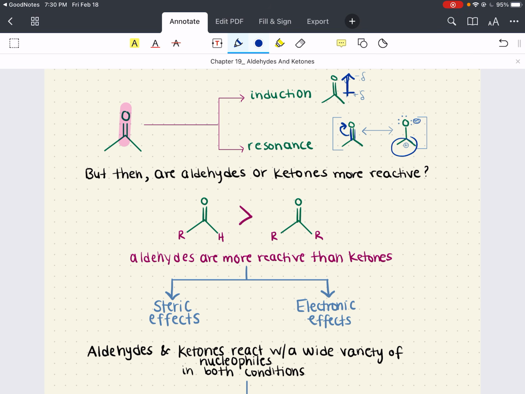All right, so that's one way of thinking about it. Now, the other way of thinking about it is electronic effects. Recall that alkyl groups, the things that are going to be attached, are electron donating. So a ketone is going to have two electron donating alkyl groups that can potentially stabilize that partial positive on the carbon atom of the carbonyl.